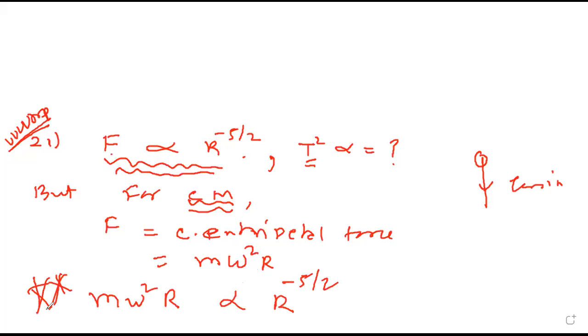For circular motion, whatever force is given, please equate that with m omega square r or mv square by r or m v omega. All are formulas for centripetal force. Clear? If time period was not there, I would write in v, because omega and time period are related. Therefore, I started with omega.